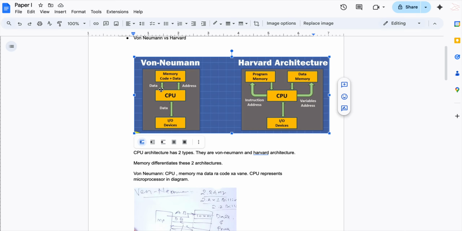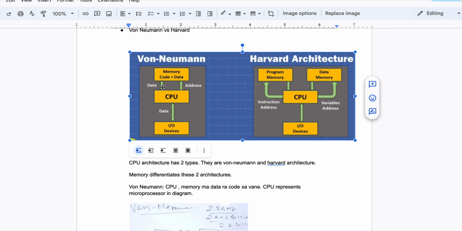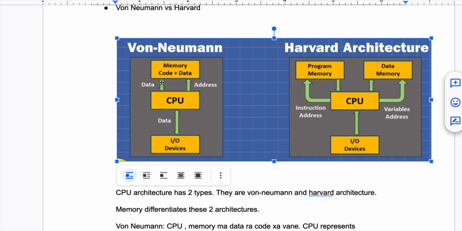The bidirectional bus, the communication flow that you can see here, is the data bus, and the CPU has a unidirectional flow to the memory.